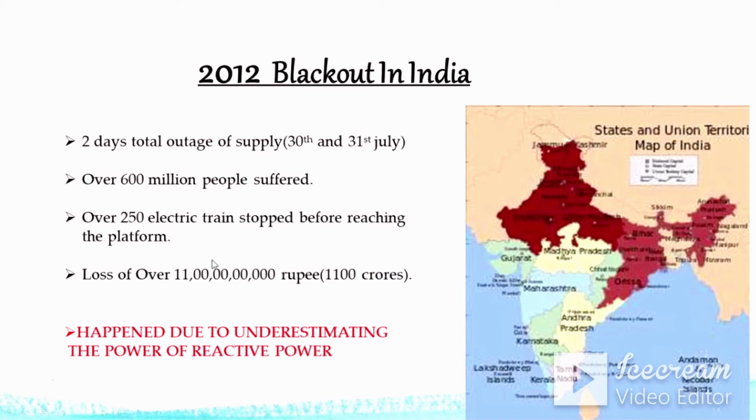A loss of 1100 crores, financially a huge loss for the country. This was all due to not compensating the reactive power, and it led to a cumulative breakdown in the inter-region grids and finally the grid system of India. This all happened due to underestimating the power of reactive power.